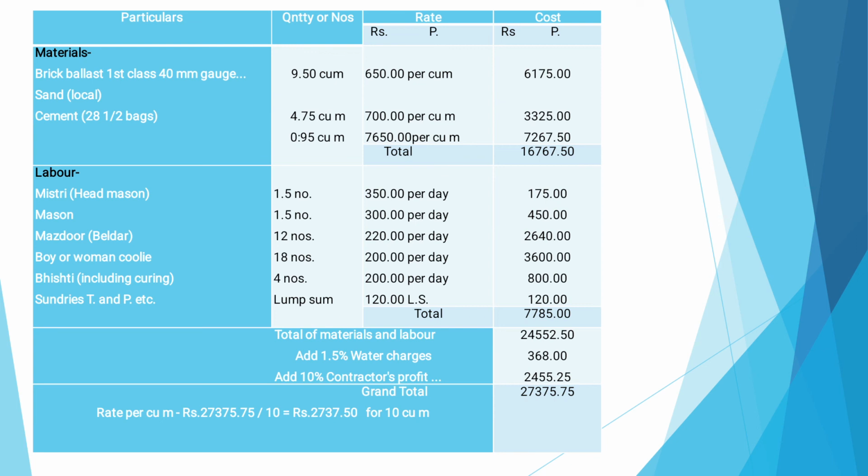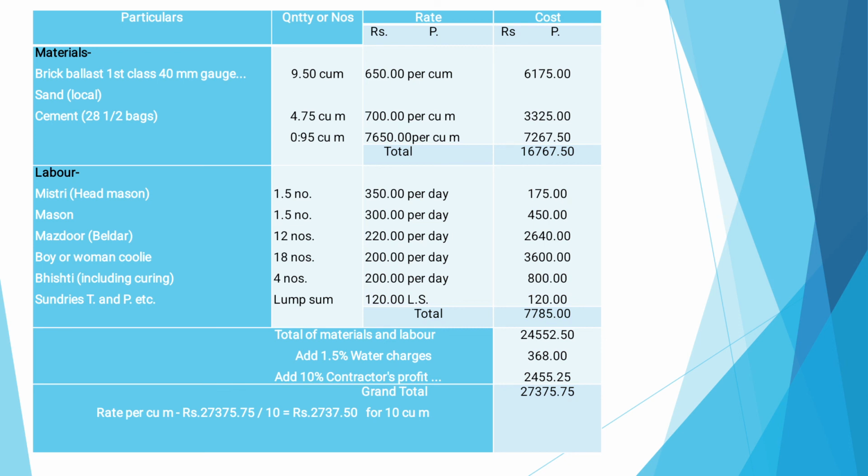Then we calculate the total of materials and labor. Total materials is 16,767 and labor is 7,785, therefore the total material and labor cost is 24,552.50 rupees.